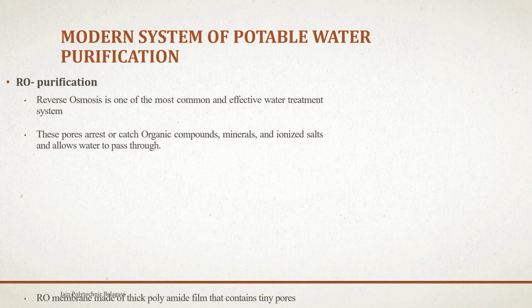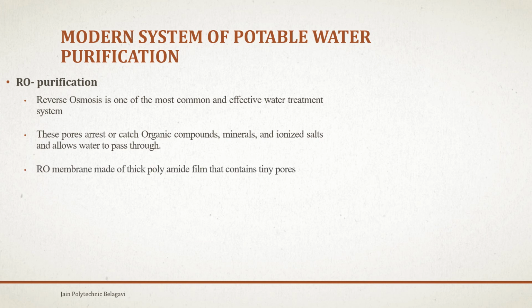The RO membrane is made up of thick polyamide film that contains tiny pores. Nowadays they have prepared a new type of RO membrane, a thick polyamide film that contains tiny pores, just like the pot has.